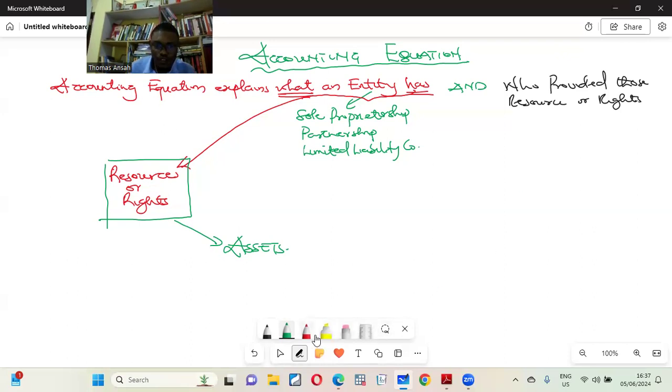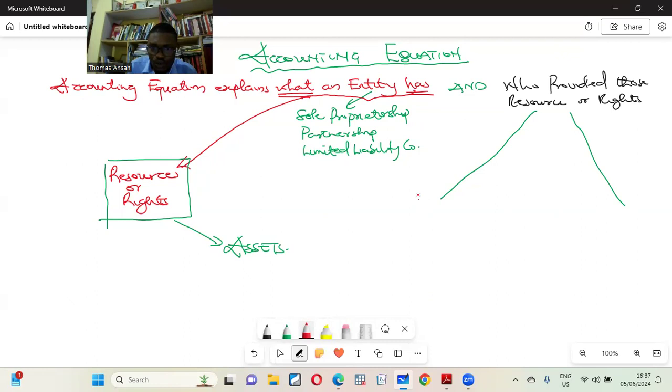So the accounting equation explains what an entity has and who provided it. There are two categories of people who provide these things. The first one, we call them the equity owners, the equity.